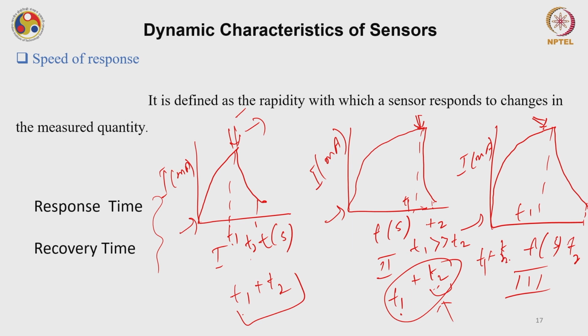So I have a condition where T1 plus T2 is nearly equal to T2, which is very high. Then also I can say that the speed of response is very low. In these two conditions, either the response is saturating at very high time, or recovery is coming at T equal to infinity or some point. Comparing conditions 1, 2 and 3 is kind of an injustice.